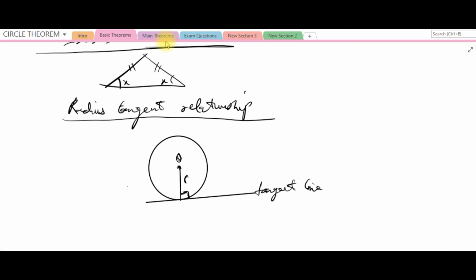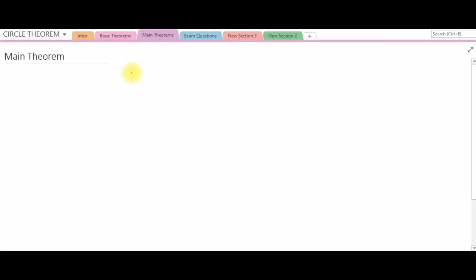So let's go over to the main theorem. But before then there's what we call an inscribed angle.